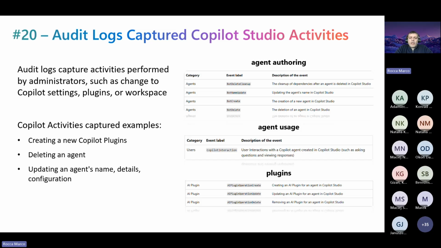Okay, if the user shares an agent, creates an agent, deletes, etc. Also, it's possible to monitor Copilot interaction. Then remember that audit log is another evergreen for administration and governance.